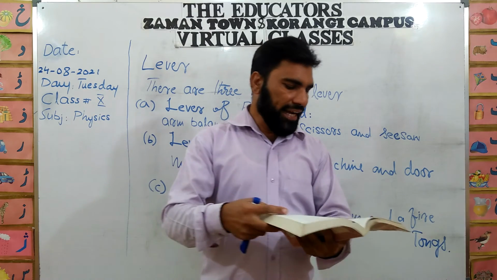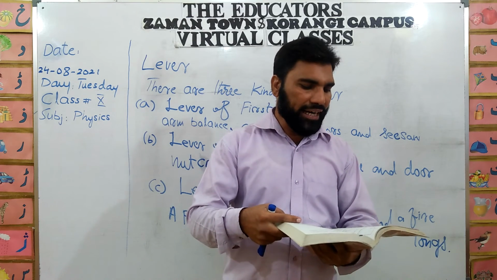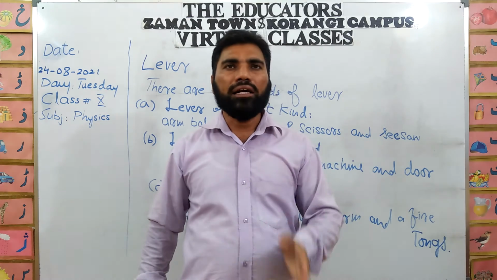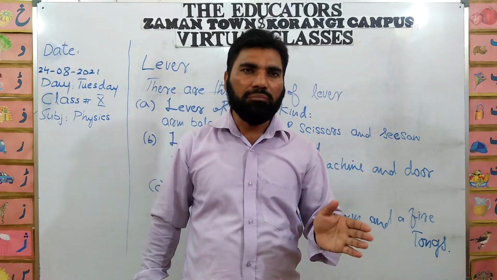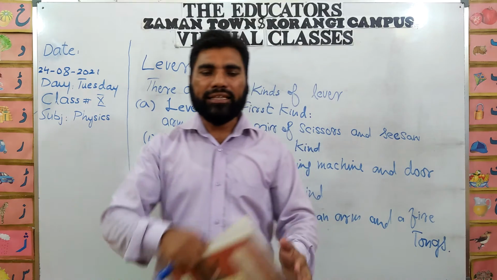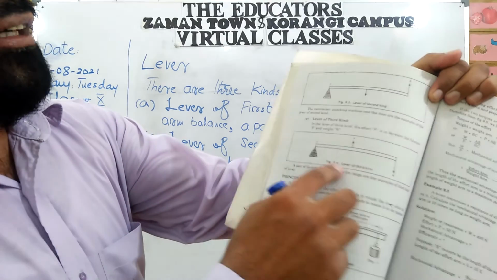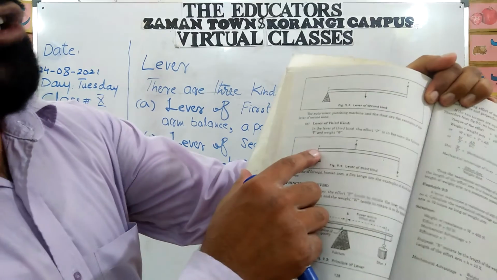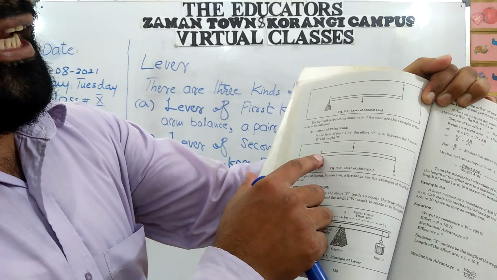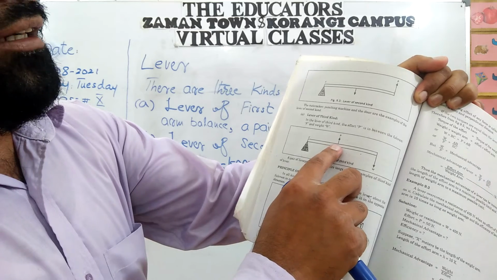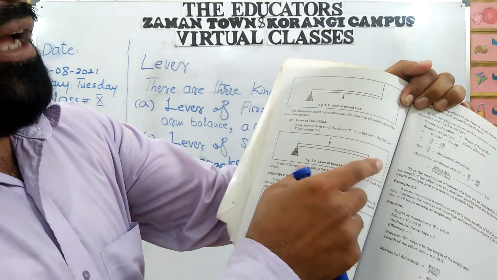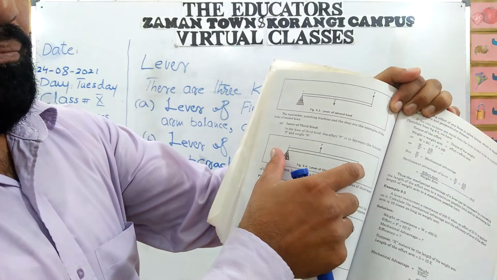Now, the third kind of lever. In the third kind of lever, the effort lies between the fulcrum and the weight. Look at this picture again. This is the fulcrum, about which the bar can rotate. This is the effort, which is between the weight and the fulcrum.